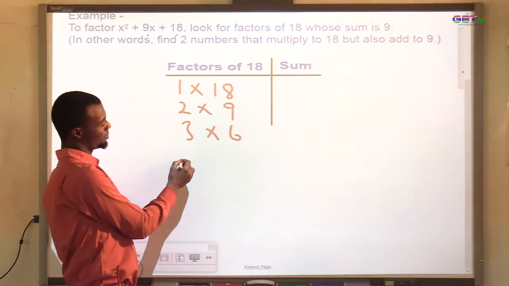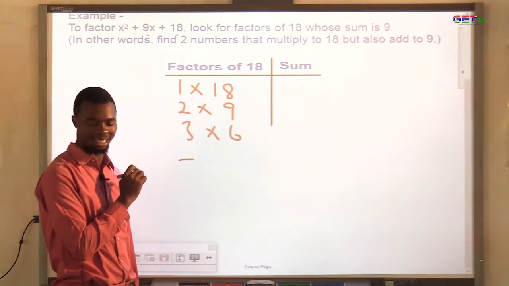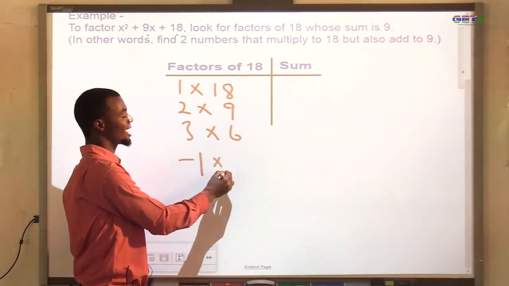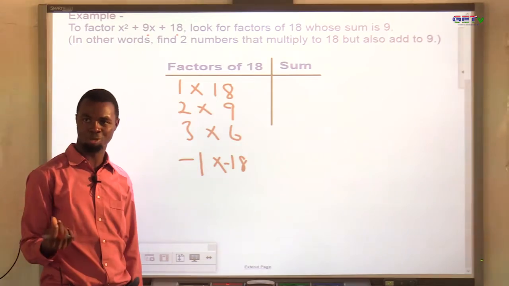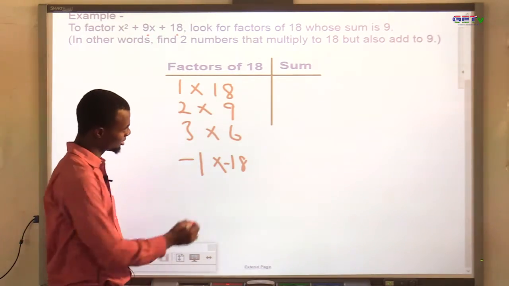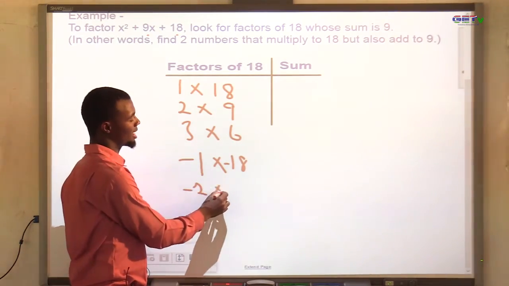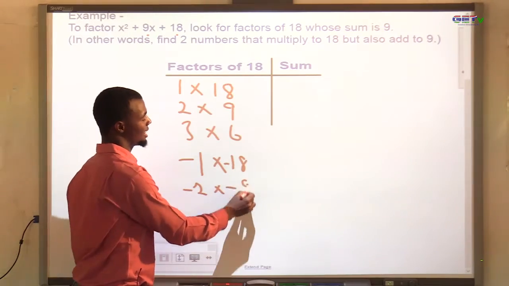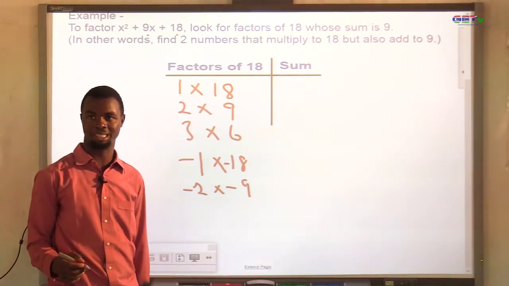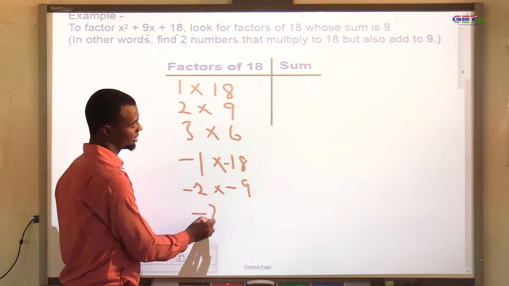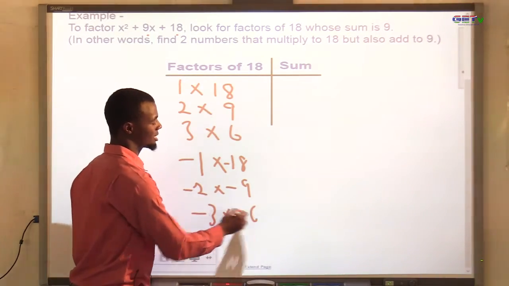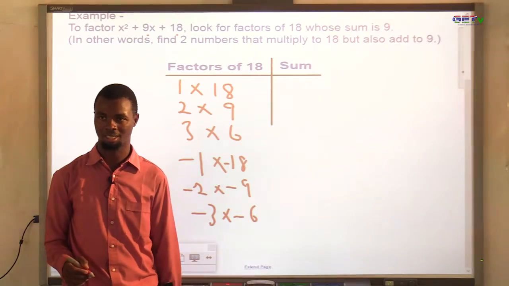Now, you can also understand that negative 1 times negative 18 is two factors of 18. Negative 2 times negative 9 are also factors of 18. Then you also know that negative 3 times negative 6 are factors of 18.